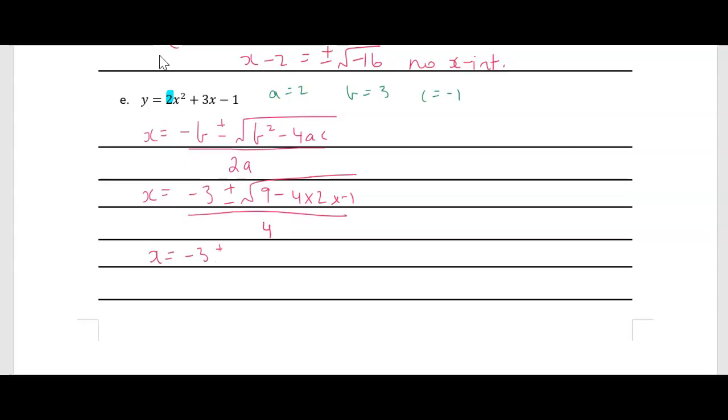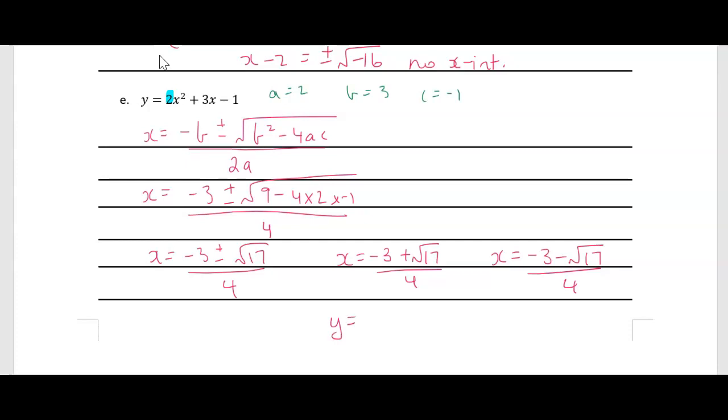We have 9 plus 8, so the square root of 17 over 4. I can't simplify that any further. So now I need to separate it: x equals negative 3 plus root 17 over 4, and x equals negative 3 minus root 17 over 4. So they're your x-intercepts. That's what the quadratic formula is giving us.